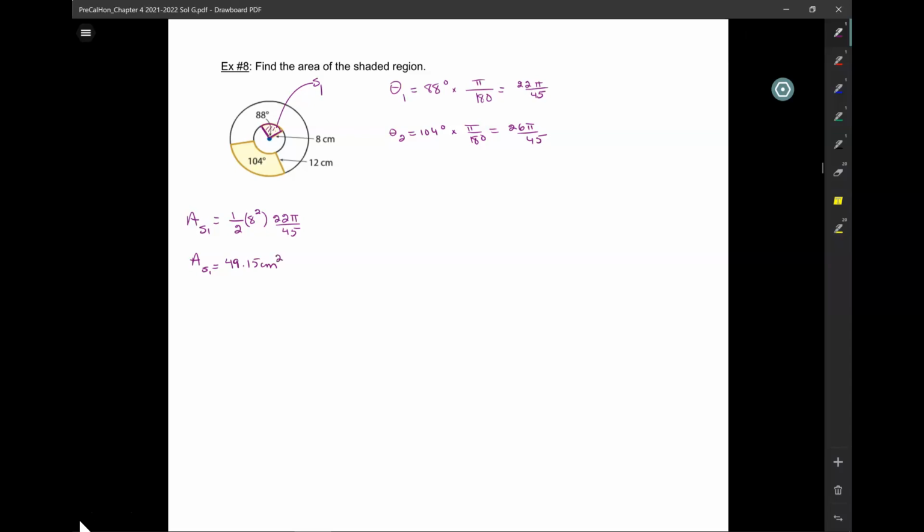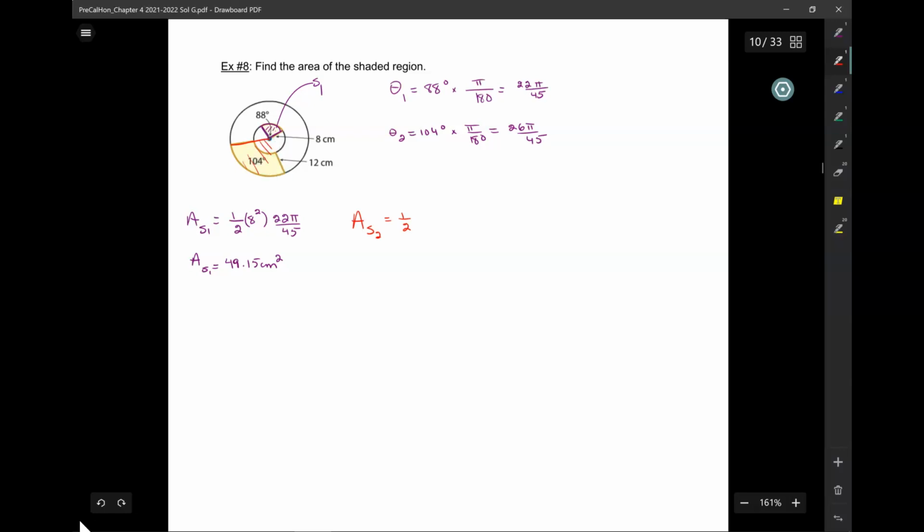Okay. Next, the area of sector 2 is here. So when I find the area here, I'm going to find it of that whole thing, right? So that's going to be half times this radius here, that entire red side. Well, how big is that side?